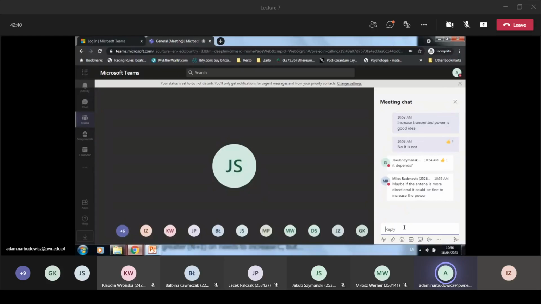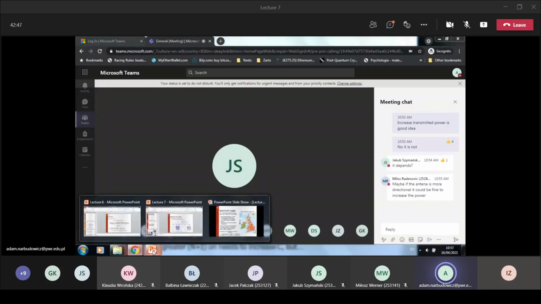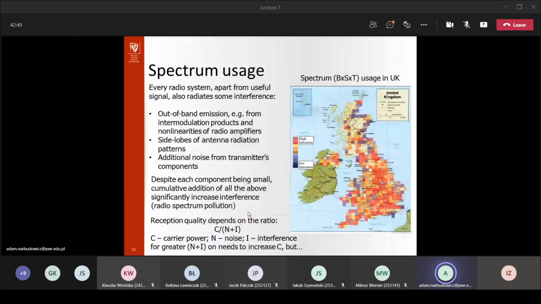So this is something like a race to the bottom, in the sense that at the end of the day, if everybody keeps increasing their signal, you would create, as a matter of fact, more interference, because what's useful signal to you is interference to your neighbors. So on a systemic level, in general, it's not a good idea.